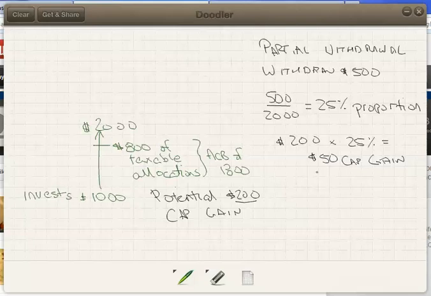And then we would take that capital gain times 50% as with a normal capital gain, and we get to $25, and this person would have to include $25 in income, and that would be multiplied times their marginal tax rate, and that would give us the tax payable.